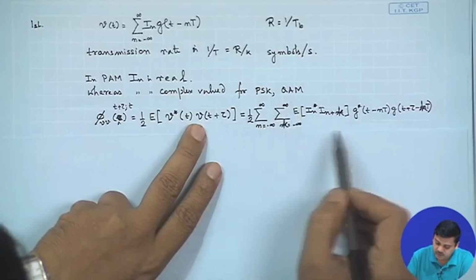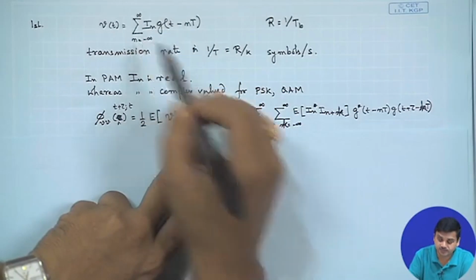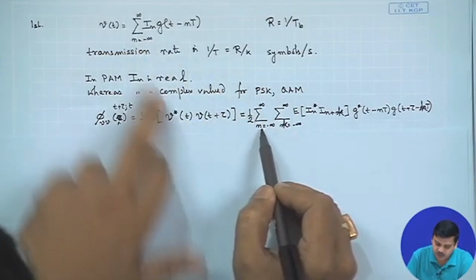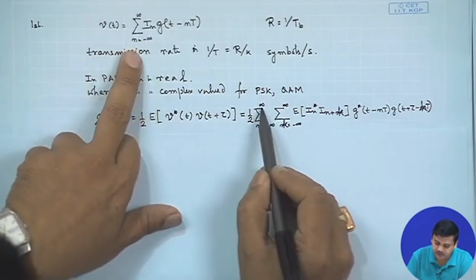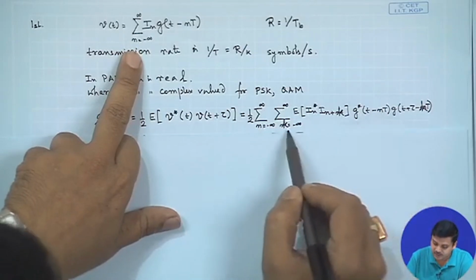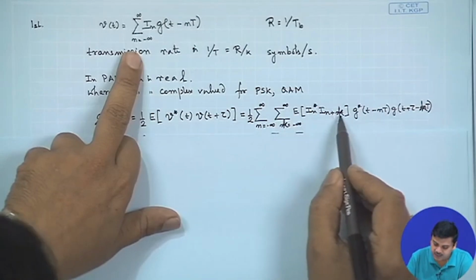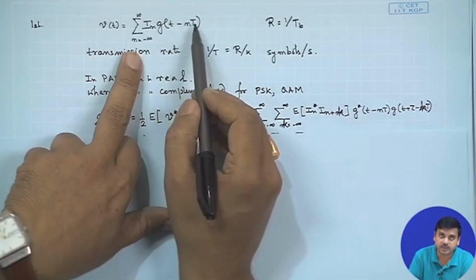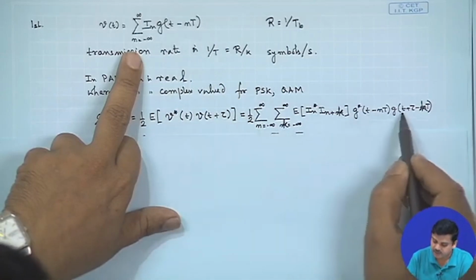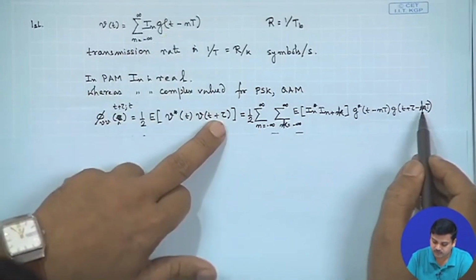So, when we write it down in terms of this kind of expression, what we have is half summation n equals minus infinity to infinity I_n g(t minus nT), and there is a second summation k equals minus infinity to infinity I_(n plus k). So, we have something shifted with respect to this, because it is shifted with respect to this, and we have g(t plus tau minus kT) following this expression.